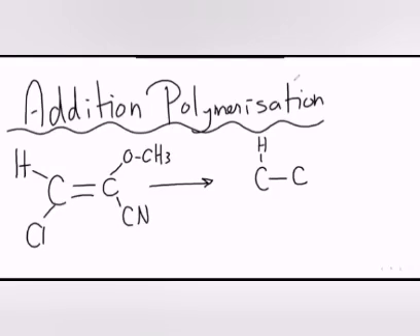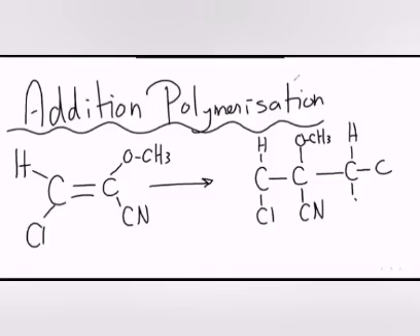Step 2, put attachments as they are without any change. Step 3, repeat what you did again to draw the second repeat unit. Step 4, put continuation bonds to the right and to the left. By this, you have drawn a 2 repeat unit polymer chain from this monomer.